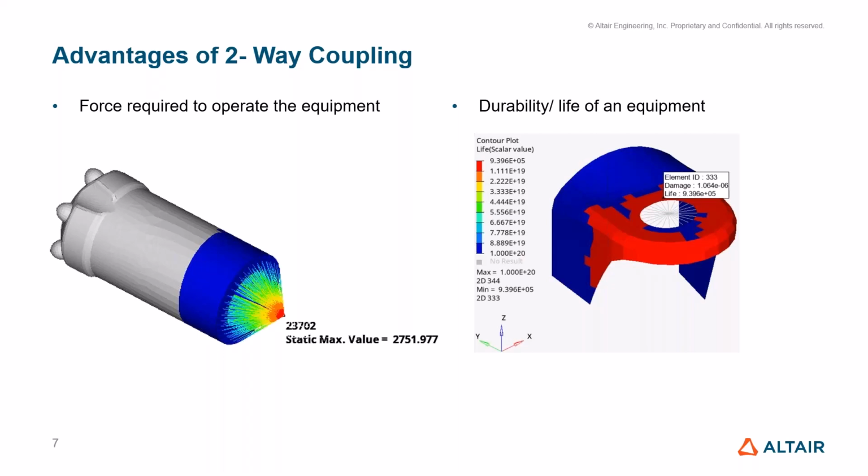But now, with two-way coupling enabled, we can run the simulation with realistic loading conditions, take the results, either linear or non-linear, and perform either a stress-based SN approach or a strain-based approach to calculate the life of an equipment. So these are the key advantages we get with two-way coupling.